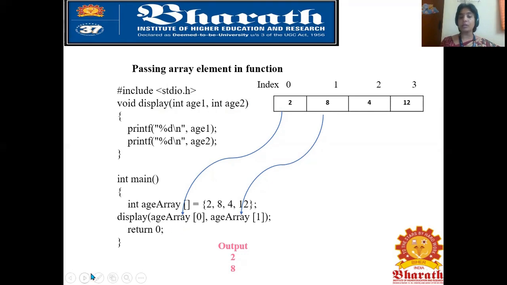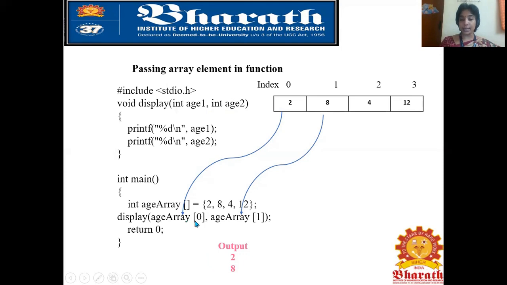The array elements which are passed into this function will be passed to the variables, so 2 will be passed to age1 and 8 will be passed to age2. In this definition, we have asked the compiler to print the values of age1 and age2. So as an output, it is going to print the values of the first element and the second element of the array. The output we will get is 2 and 8.